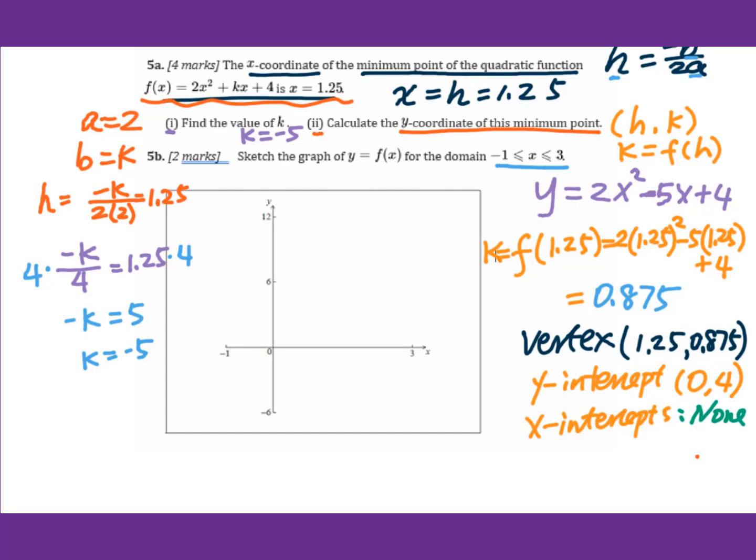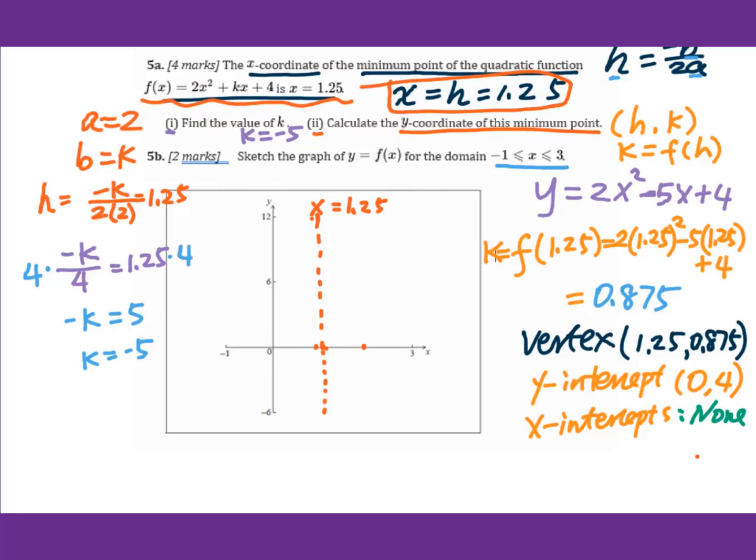Therefore, we will find the axis of symmetry, that's x equals 1.25. Over here. That is x equals 1.25.